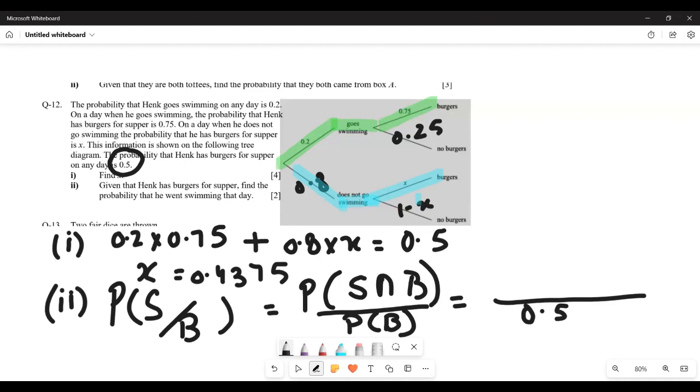That's going to be the green line, 0.2 times 0.75. This comes out to be 0.3. Please ask if you have any questions.